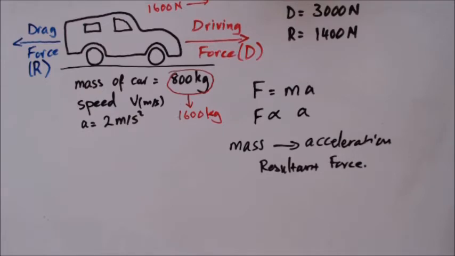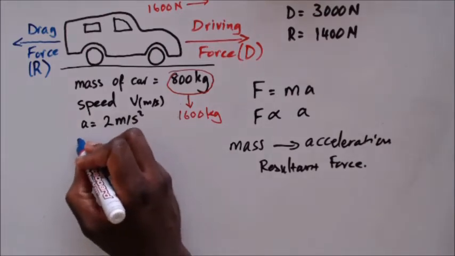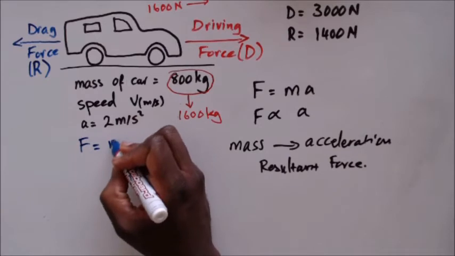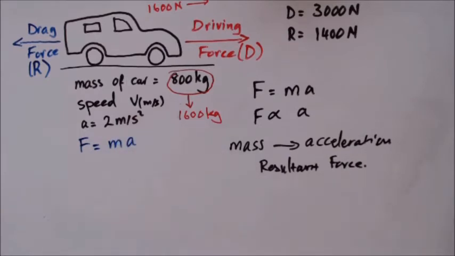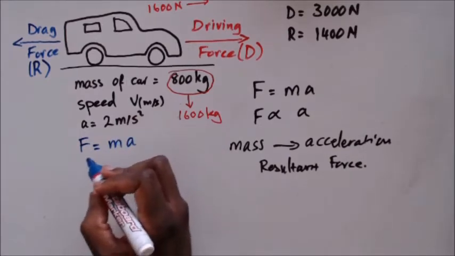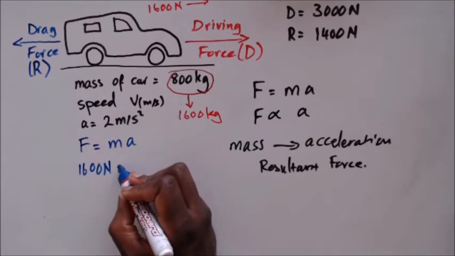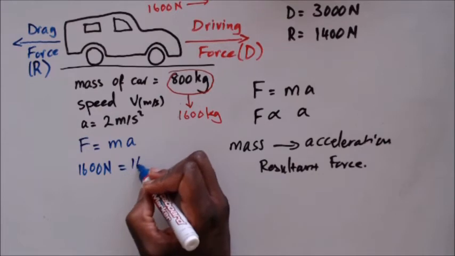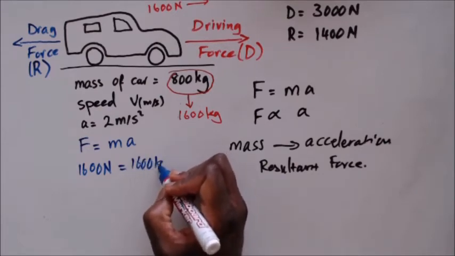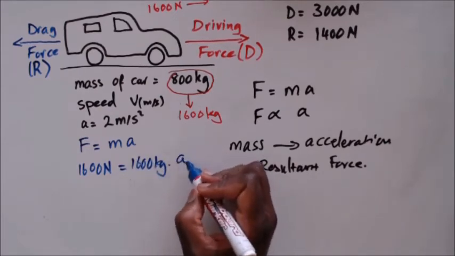Well, we know that the acceleration would still be obtained by applying Newton's second law in the equation form. So resultant force F would still equal m multiplied by a. In this case, the resultant force would still be 1,600 newtons towards the right, and that would equal the mass 1,600 kgs multiplied by the acceleration.